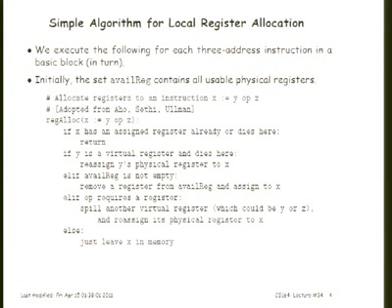Now, the important thing to understand, or the assumption behind this code, is that you will first execute this to assign registers, and then you will generate the machine code for this instruction.